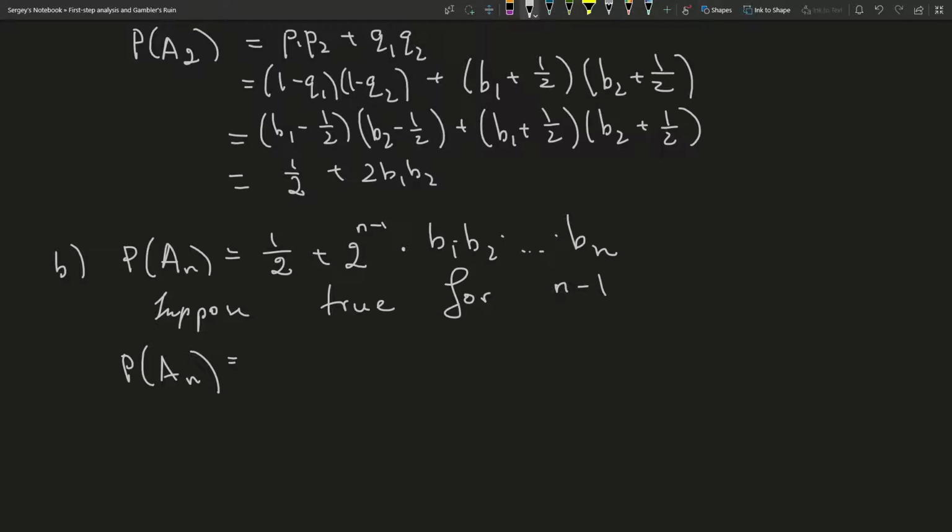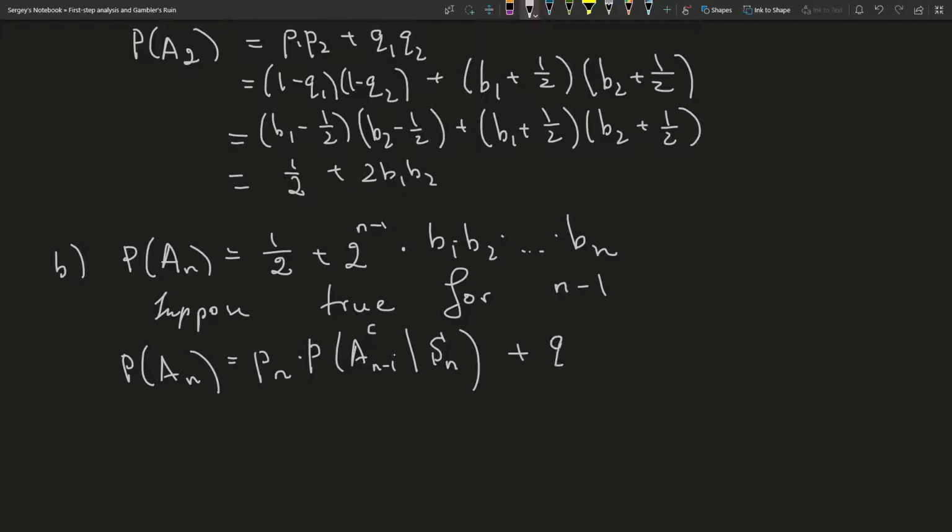Either the nth trial was a success, and then out of the n minus 1 trials we had an odd number of successes, so p sub n times the probability that out of the first n minus 1 trials we had an odd number of successes, given that the nth trial was a success, or the nth trial was a failure.